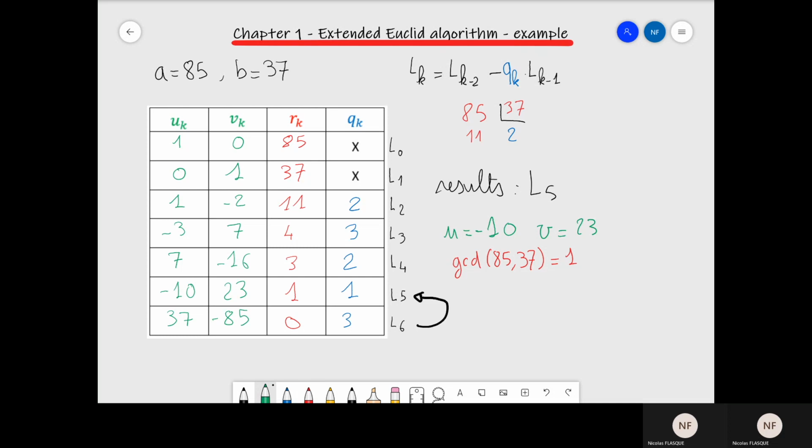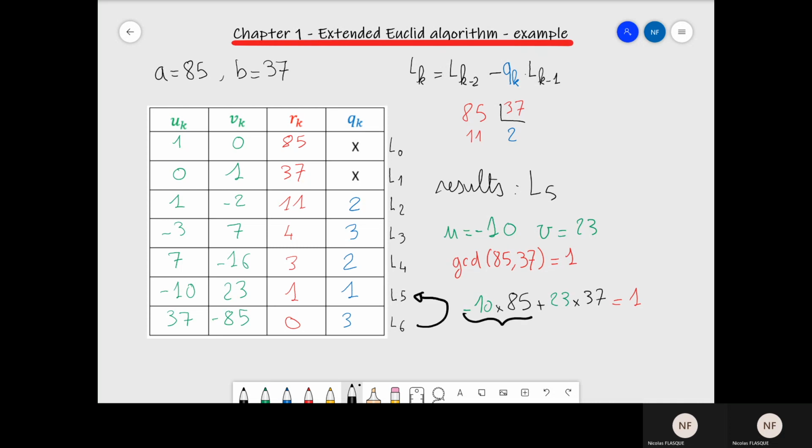So we can once again check that minus 10 times 85 plus 23 times 37 should be equal to 1.